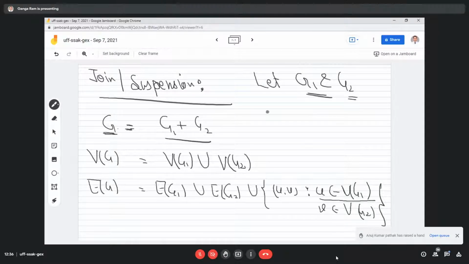It means that suppose G1 and G2 are two graphs, then their sum or join is denoted by G1 plus G2, whose vertex set will be the union of these two sets, and edge set will follow this rule, where EG1 union EG2, and union of those edges whose one endpoint is in VG1 set and the other endpoint is in VG2 set.